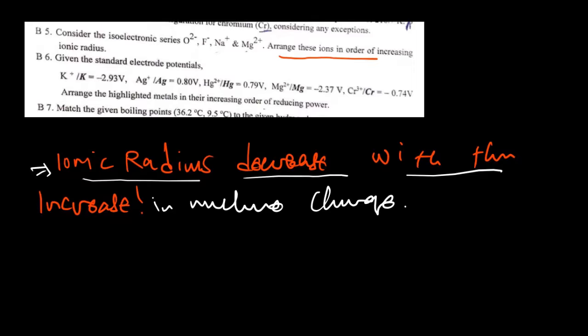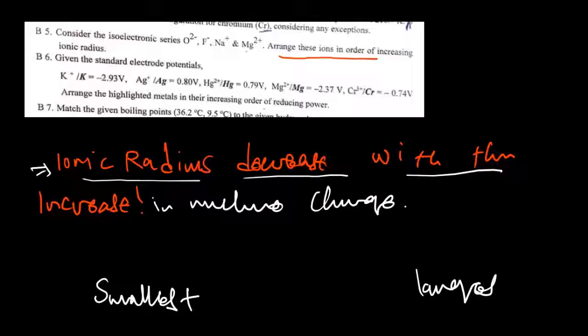So here they're saying we arrange them in increasing order. So we start with the smallest and then go to the largest. The smallest will be the ion that has the greatest positive charge, which is just the magnesium 2 plus.